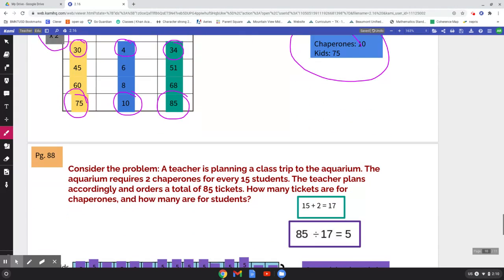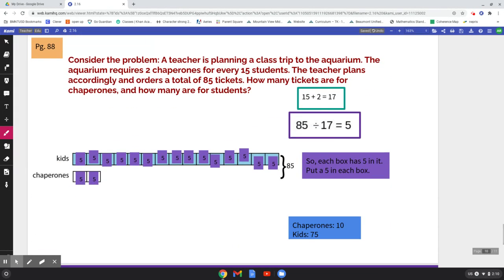And then now you have this tape diagram. This is the newest thing that you have learned. And this is a little bit of a struggle for some of us, right? So 15 plus 2 makes 17. So that tells me that there should be 17 parts to the tape diagram, right?